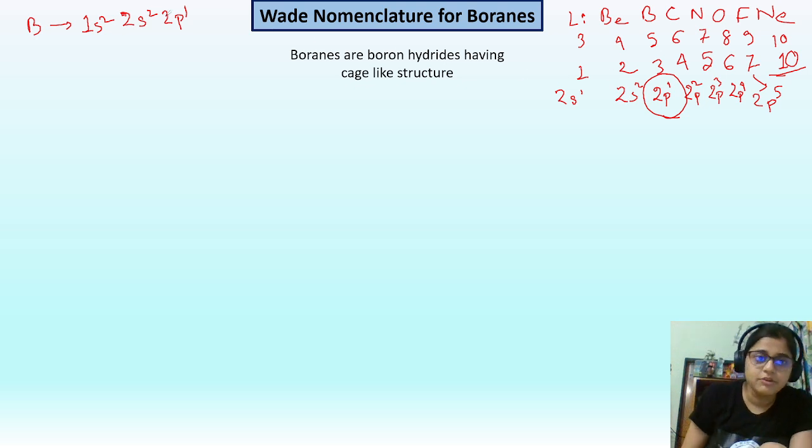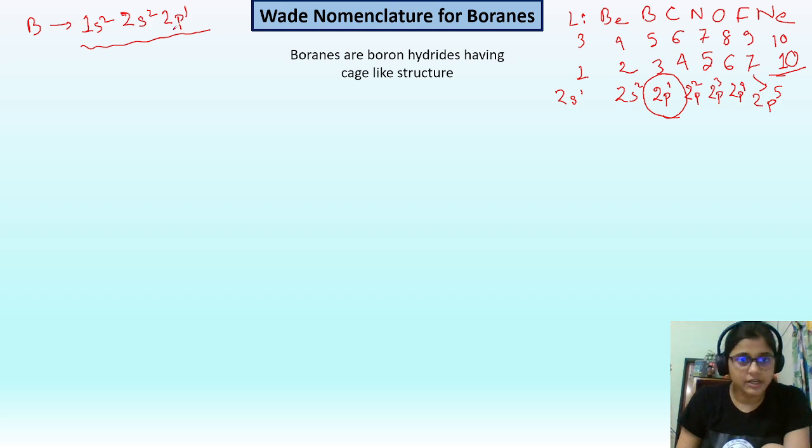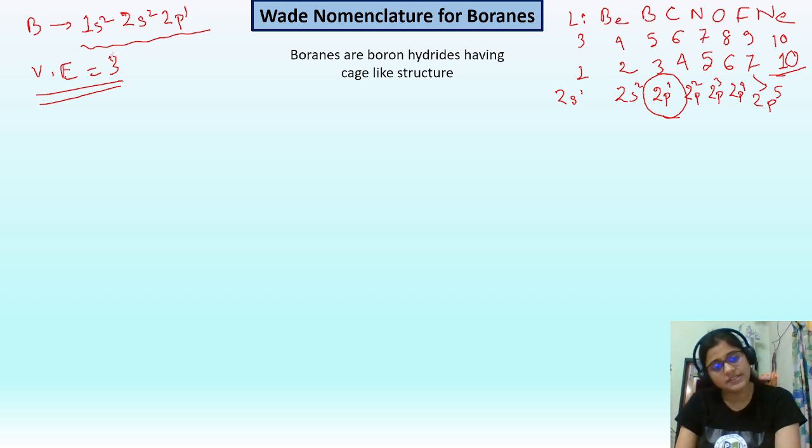The electronic configuration is 1s2, 2s2 and 2p1. Total electron count is 5, but valence electron count is 3. This idea, and the idea of the group-wise series of elements, is needed here to determine the structure of the boranes.